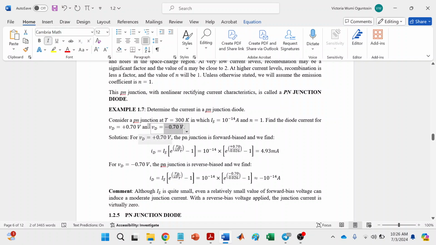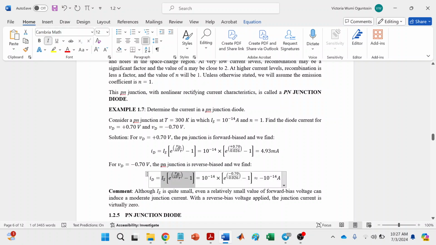For the forward bias voltage, we calculate the diode current as 4.93 milliamps. When a reverse bias voltage is applied, as we have seen, little or no current is going to be produced.